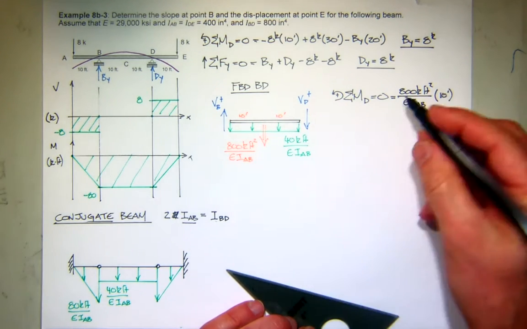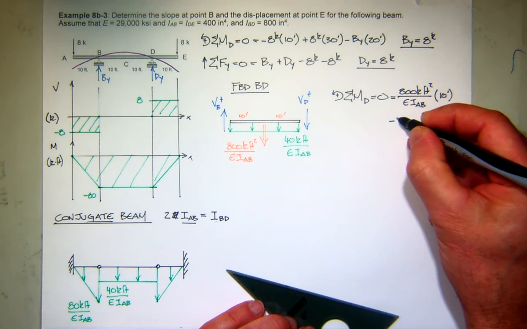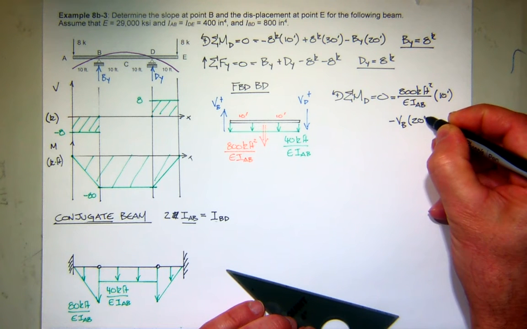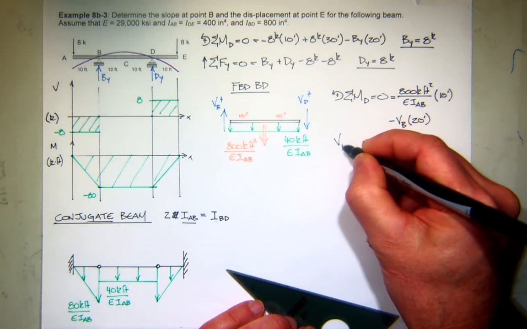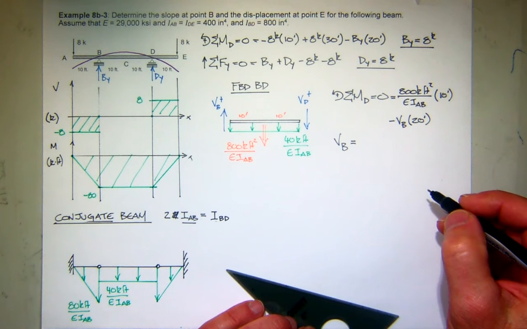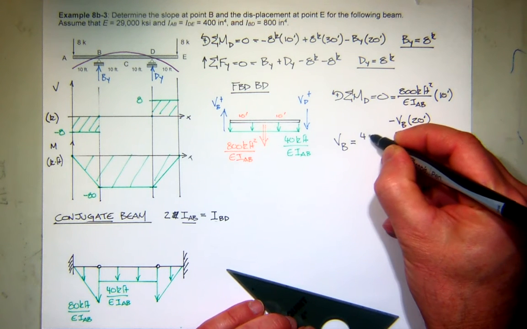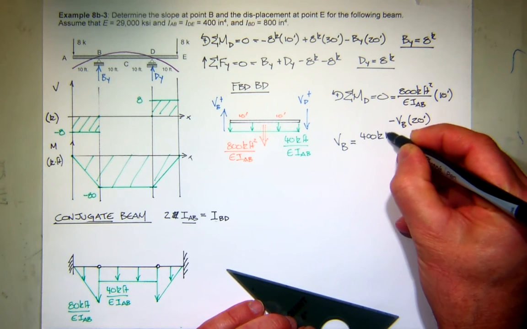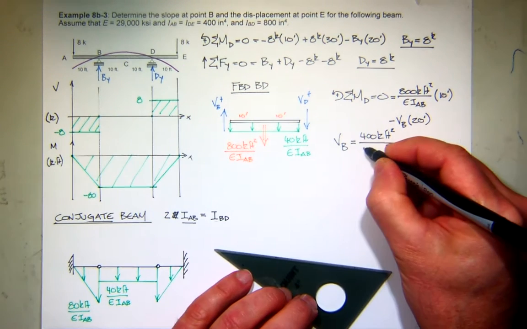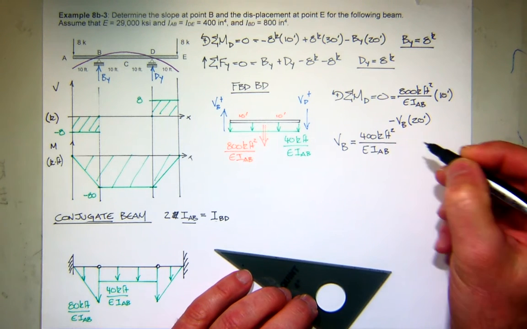And then the shear at B creates negative moment with a moment arm of 20. So the shear at B actually is positive and ends up being 400 kip-feet squared over EI_AB.